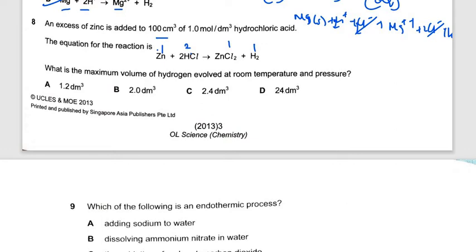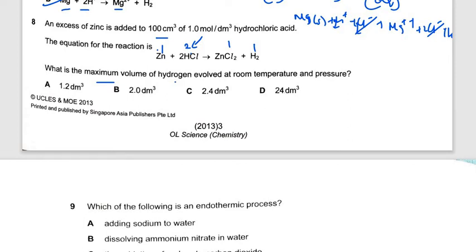The question asks, what is the maximum volume of hydrogen evolved at room temperature? Just now I told you that if you react 2 moles of hydrogen chloride, you will get 1 mole of hydrogen gas. Now here, they have given you the molar concentration.